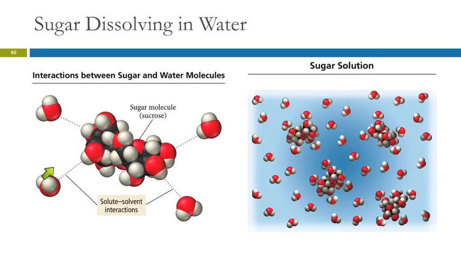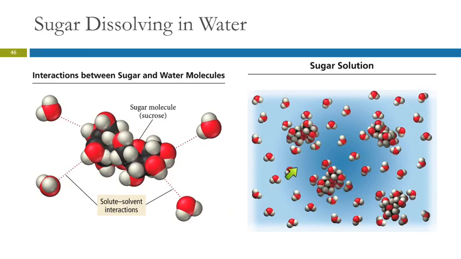So let's look at what happens when sugar dissolves in water. A sugar molecule also has some uneven charge distribution because the oxygen and hydrogen never share equally. And so the negative end of water molecules is attracted to the more positive atoms in the sugar molecule, but it doesn't form any ions.